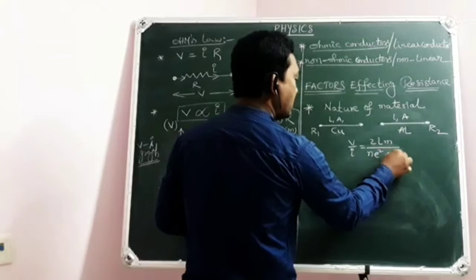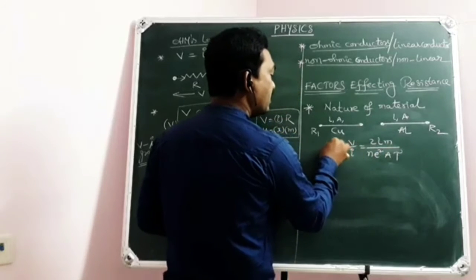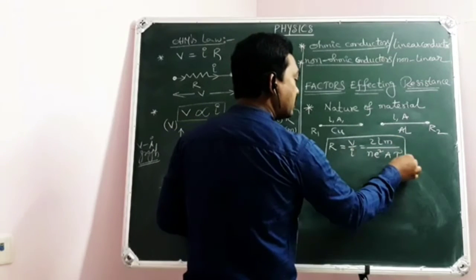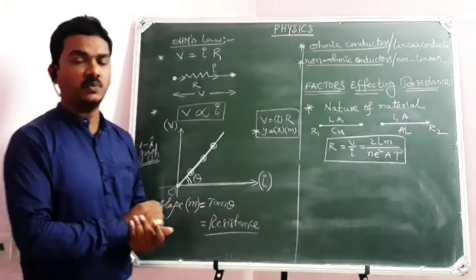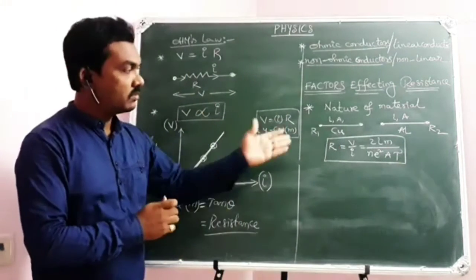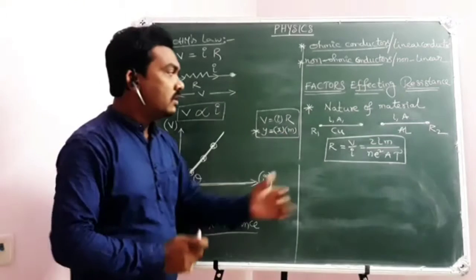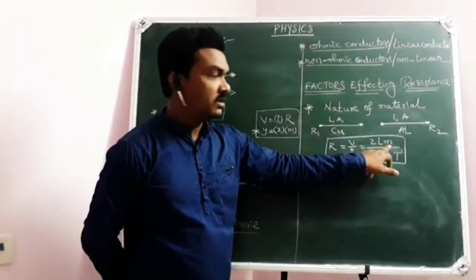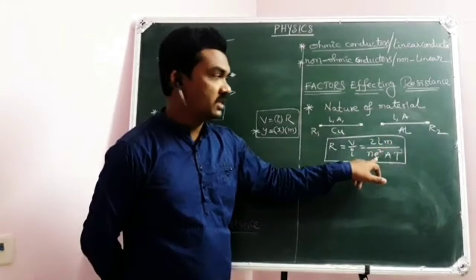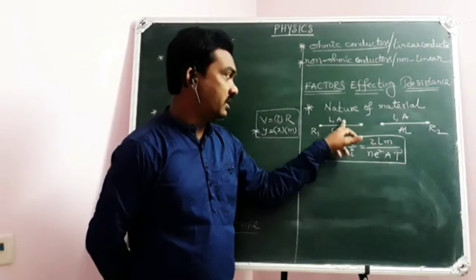I told you in that class that this equation is very important for many explanations. They are of the same length, L same. m for mass of electron, e for charge of electron, keep it aside. A for cross-sectional area, same.